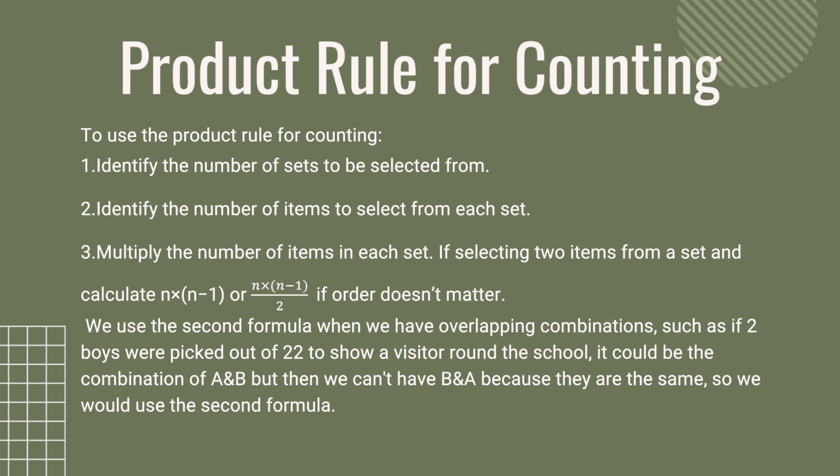We use the second formula when we have overlapping combinations. Such as in the example, if we have 2 boys picked out from 22 people to show a visitor around the school, it could be the combination of A and B, but then we couldn't have B and A. So we'd use the second formula to eradicate that B and A, because we've already got A and B.